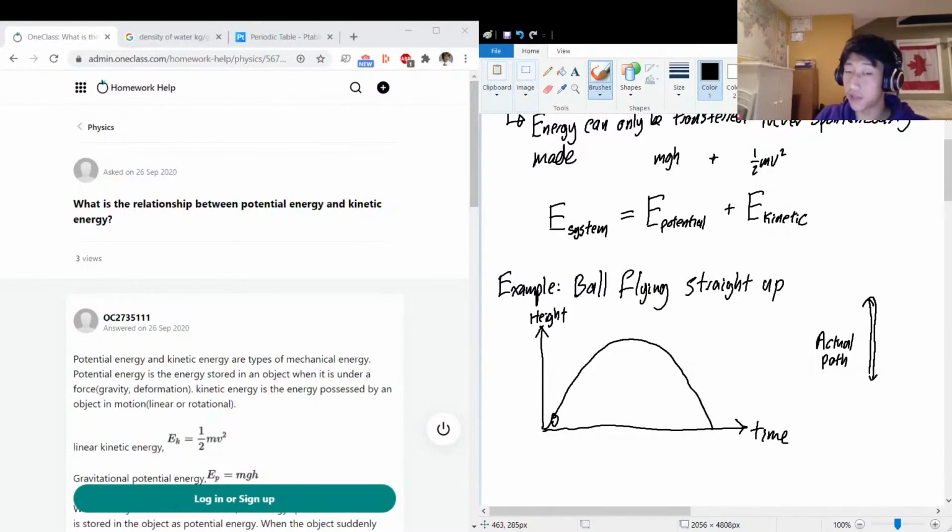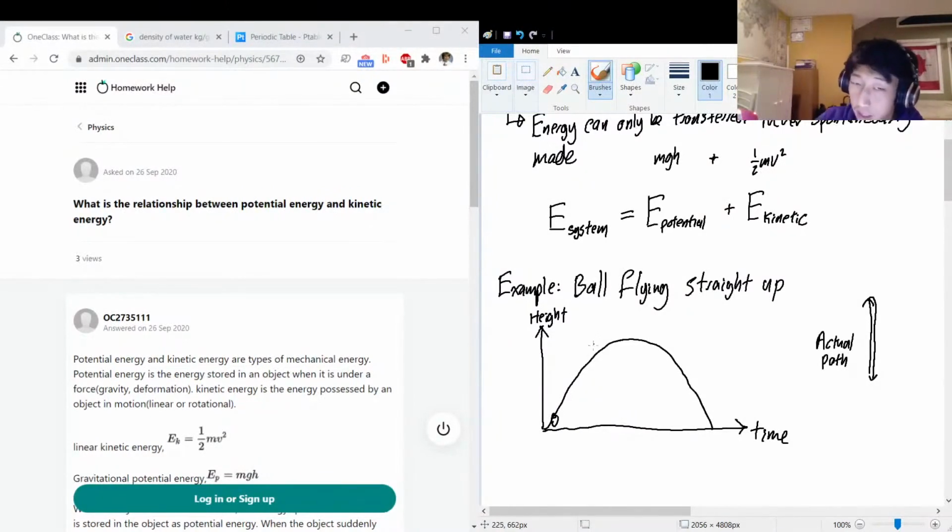Since gravity is the only applicable force in this situation, that's the only potential energy we need to worry about for this example. Initially, the moment the ball leaves my hand, let's say that is height 0. When h is equal to 0, there's no potential energy. But there's going to be a whole lot of kinetic energy because it's flying upwards.